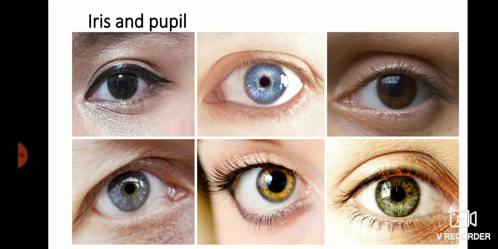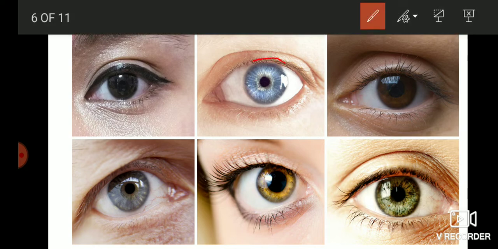Next, iris and pupil. The pupil is the hole in the middle of the iris, and the iris is the colorful circular part which gives the color of the eye.